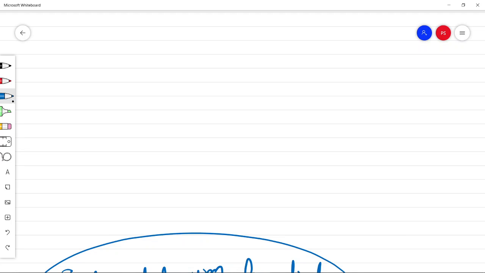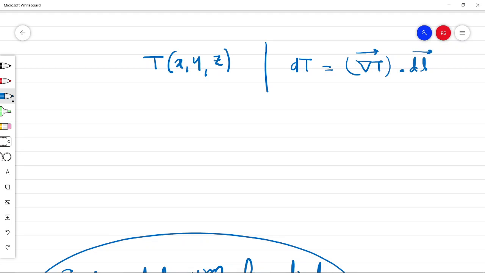So since it involves a derivative of gradient kind, if we say that t is a function of x, y, z, three variables or three coordinates in fact, then we have seen that dt is defined as grad t dotted with dl bar. This we have already seen.